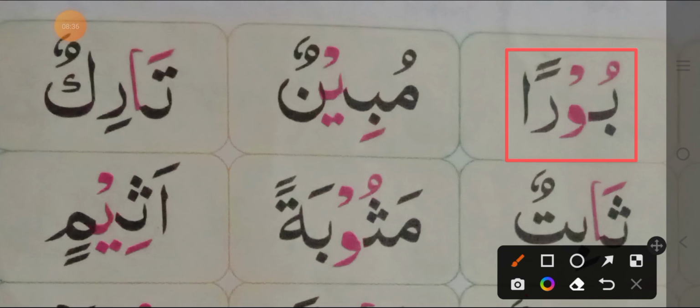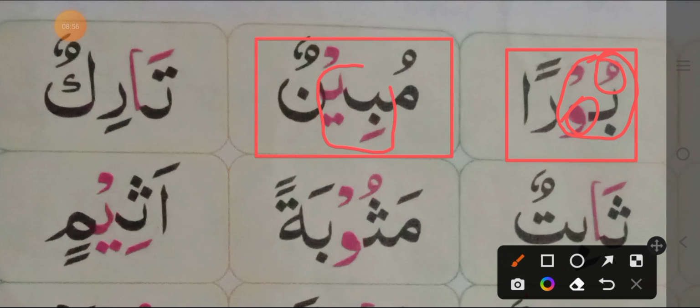In this word, we just read about the waw madda, because can you see here, before waw, here's the pesh, it's called waw madda. In the next word, we just read about the ya madda, because ya is here and before ya, here's the zer, so it's called ya madda.